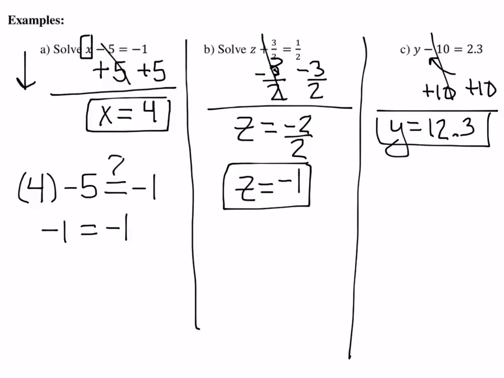And you can always check to make sure you're correct by taking your y value of 12.3 and plugging it in wherever you see a y. Just like when we did evaluating expressions earlier this year. So 12.3 minus 10 is indeed 2.3.